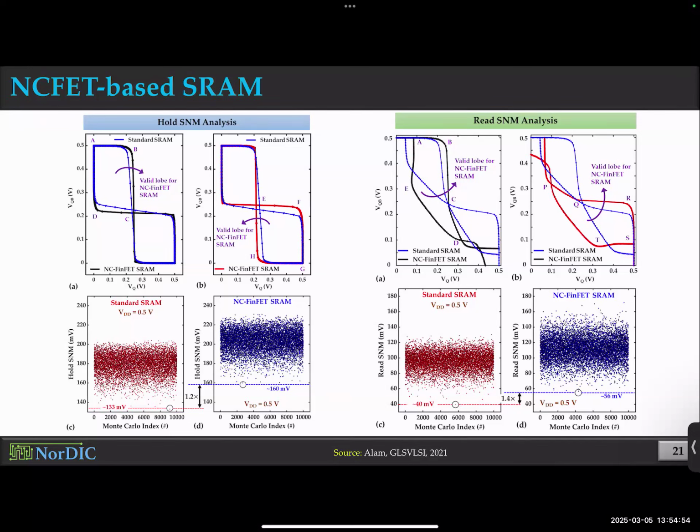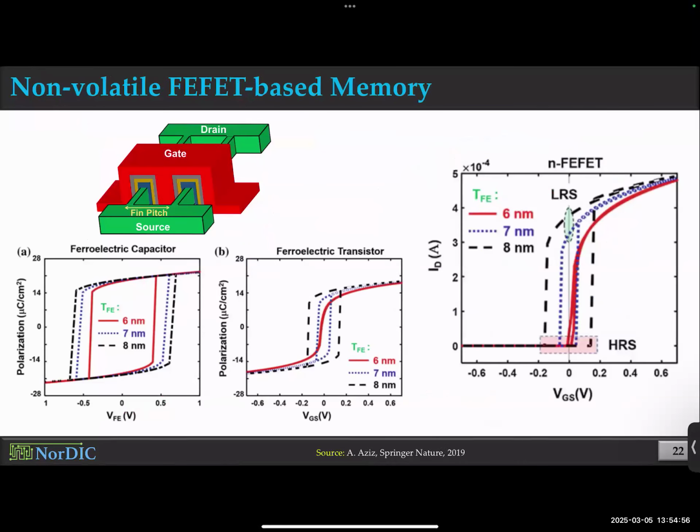Okay, all right, so getting back to something that you should definitely care about, no exception here, which is a more serious form of ferroelectric memory that is currently being used. Many industry folks are actually going after this memory direction, which is just conventional non-volatile FEFET-based memory.